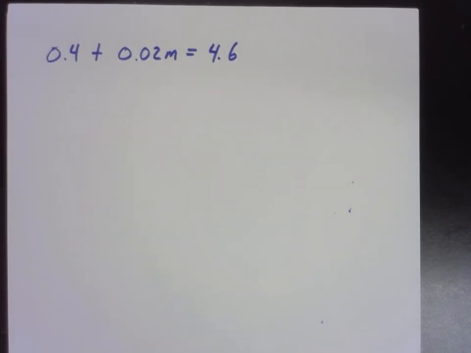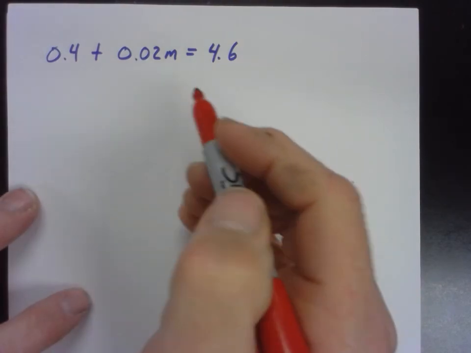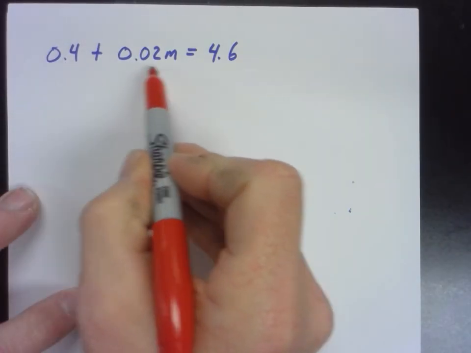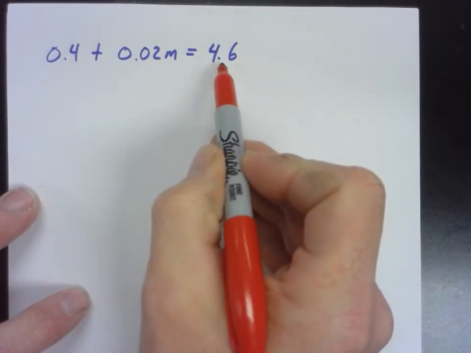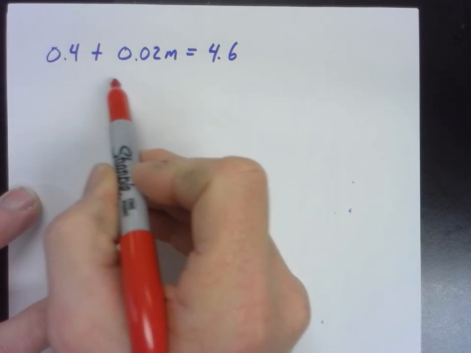Yeah, we can multiply both sides of the equation by 10, or by 100, or by 1,000. As long as we multiply both sides of the equation by that amount, the new equation will be equivalent, right?